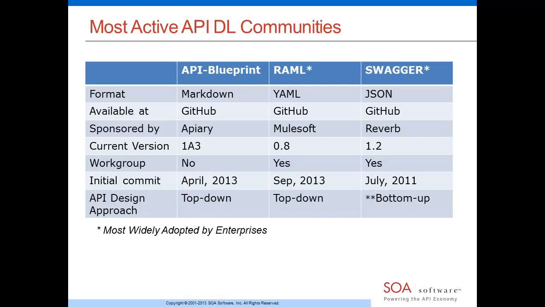And Swagger at this particular time is bottom-up. So you typically do Swagger embedded in your code, in your server. You can do it manually, but as of today, there is not a top-down editor for that. But that is changing, and I'll get to that soon.